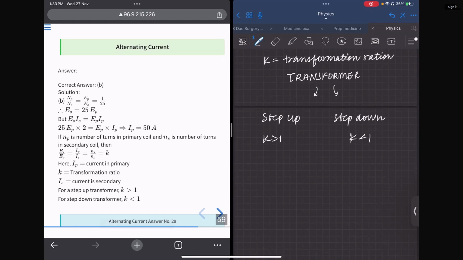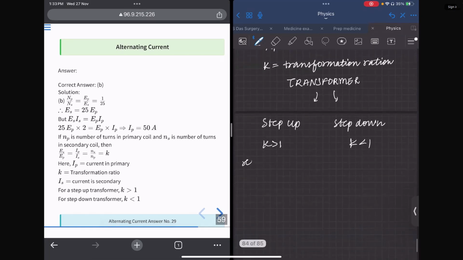What does K greater than 1 mean? That the number of turns in secondary is greater than that of primary. And in a step down transformer, secondary is less than primary.